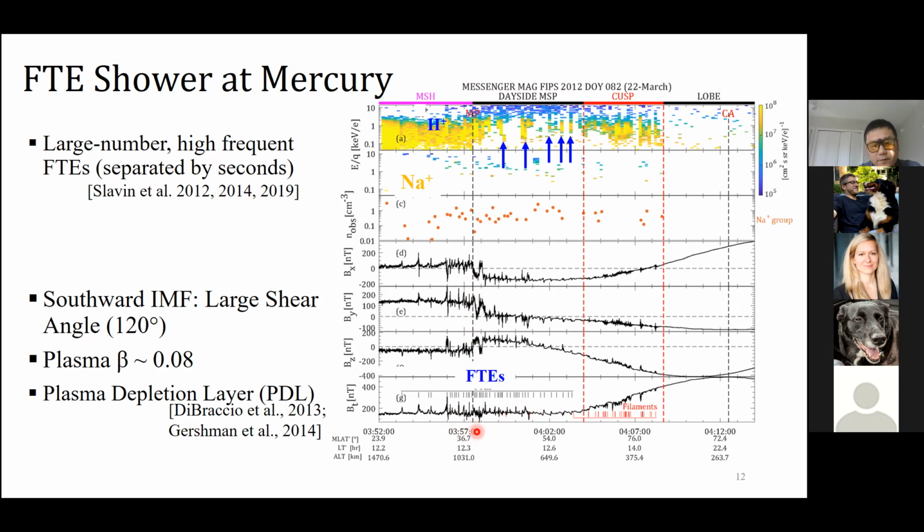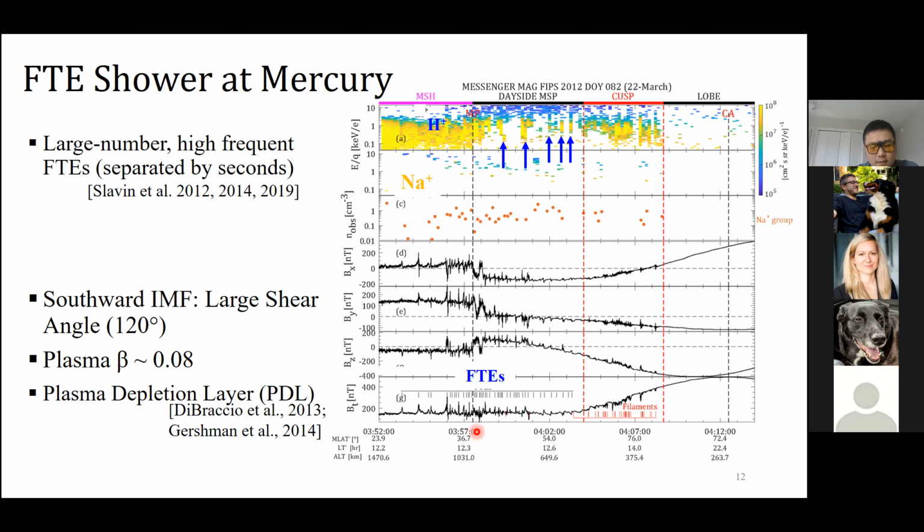The flux transfer events appear in large number and high frequency, and they are separated by only a few seconds. So we term these flux transfer events the flux transfer event shower.